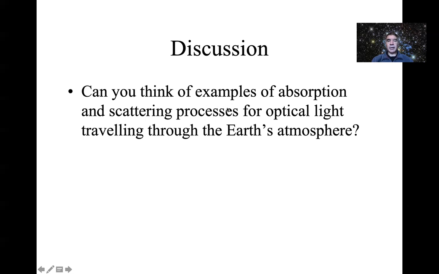Perhaps during that, you can have a little think amongst yourselves about examples of absorption and scattering processes that occur in optical light as you look up at the sky. As optical light is traveling through the Earth's atmosphere, can you think of different examples of absorption and scattering processes that you can see just by looking up in the air? We'll come back after the break.